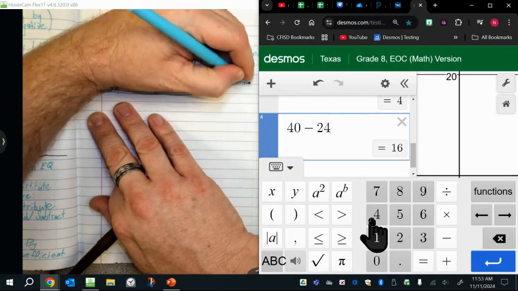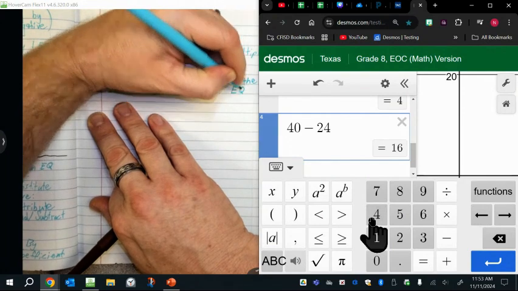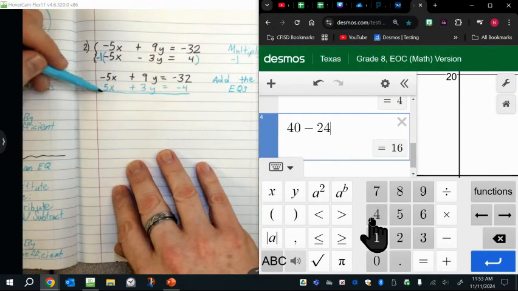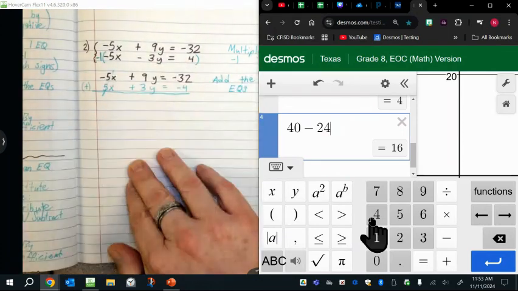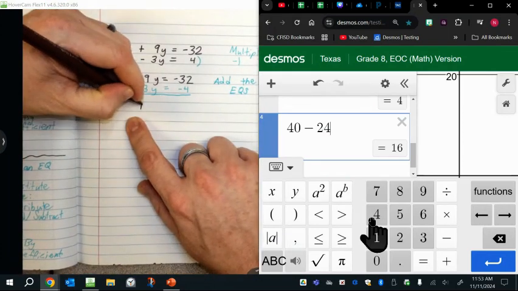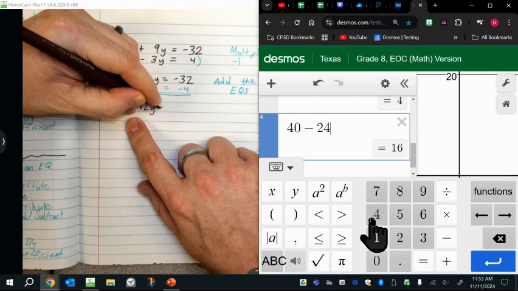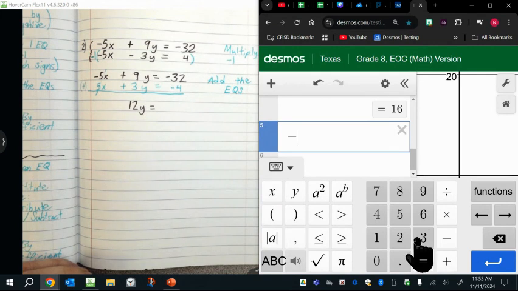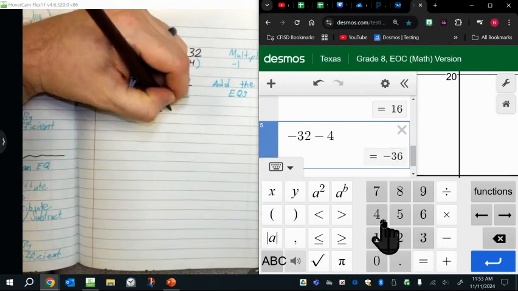Now I am ready to add the equations. So these eliminate. 9 plus 3, well, that's going to be 12. And -32 minus 4 is -36.